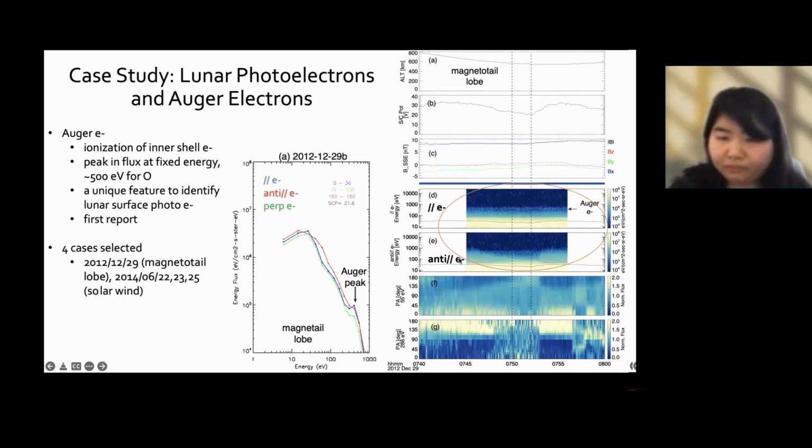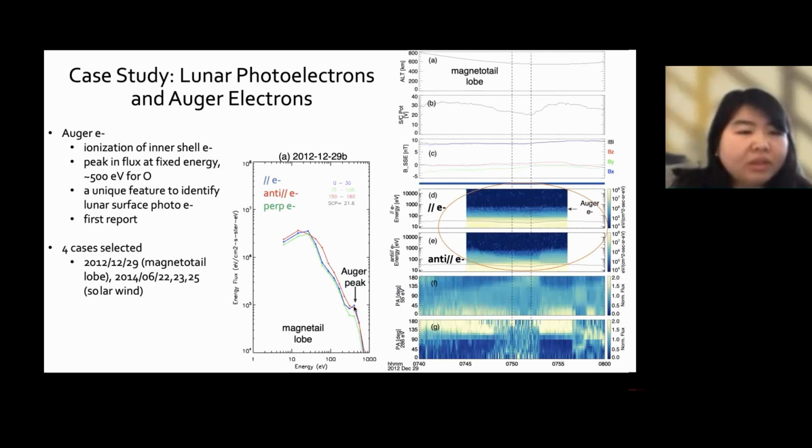If you look at the circled region, which shows the electron energy spectra for parallel and anti-parallel electrons, there's a distinctive line at roughly 400 to 500 eV. If we plot the spectra themselves here, you can see the parallel and anti-parallel, it has a peak at 400-something eV.